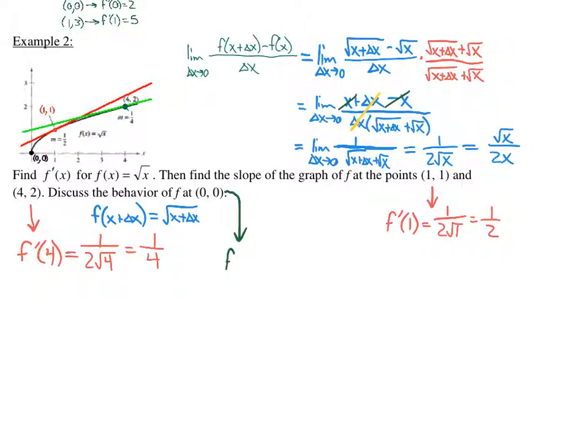Okay? F prime of 0 is undefined. Would we need to give a reason why it's undefined? Or just because it's equal to the denominator? Well, the 0 in the denominator makes it undefined. Now, one thing that we're going to look at in the future is that there are certain cases where the derivative of a function is not defined. One of those cases is right here. What do you notice we have at (0, 0)?